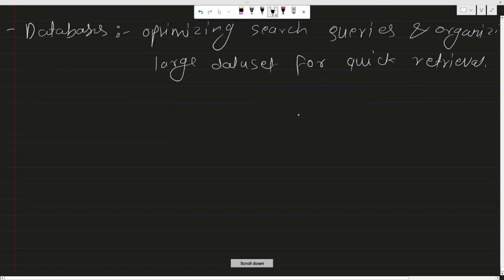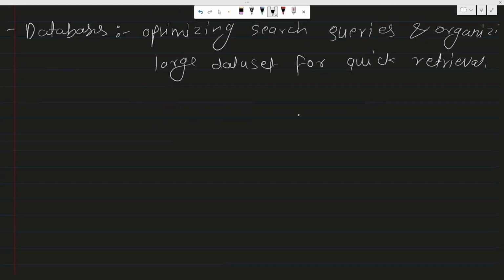I hope you understand the e-commerce platform, stock market, navigation system, and database examples. Understanding these algorithms allows you to write optimized code and build scalable systems.